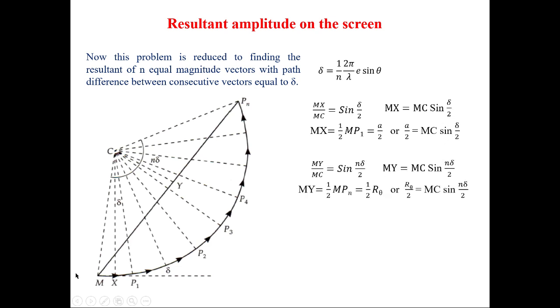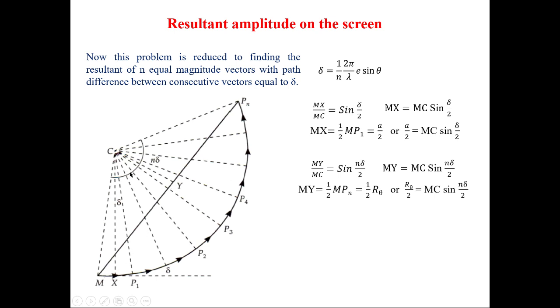We have another triangle. We draw a normal bisector on MPN, and this bisector is CY. This whole angle is n delta, and angle MCY will be n delta by 2. Again, the length MY is R theta by 2.